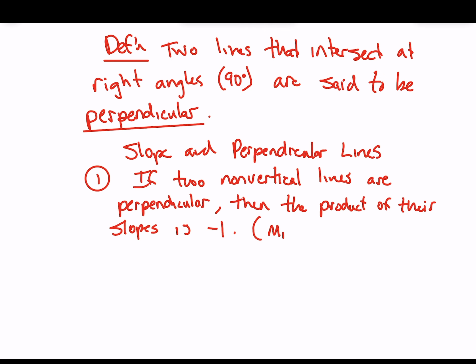In other words, if we take M1 times M2, we should get -1. Also, their slopes are called negative reciprocals.